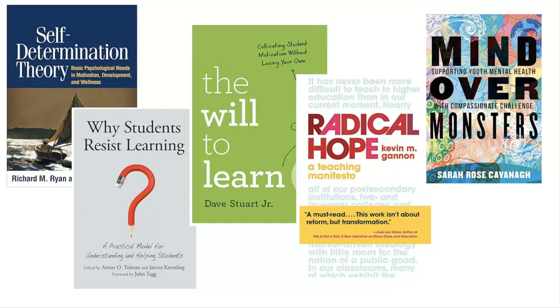I've also seen some really interesting things in the Radical Hope book by Kevin Gannon, who came and spoke recently. And I've been reading Sarah Rose Cavanagh's Mind Over Monsters, which seems to be a lot about mental health, but there's a whole section in the middle that really talks about motivation.